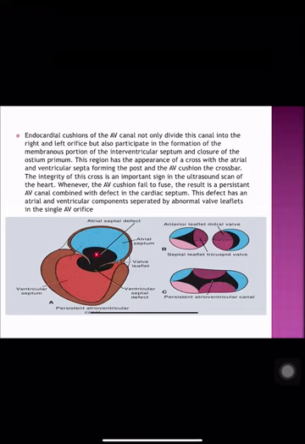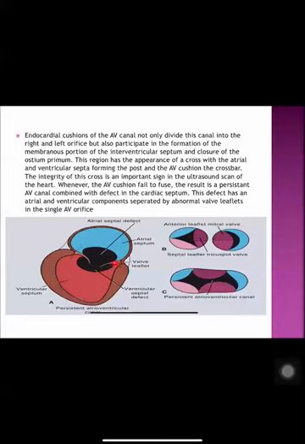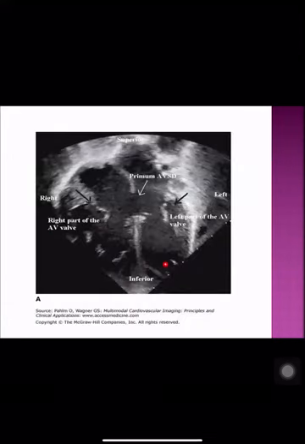And the integrity of this cross is an important sign in the ultrasound examination of the fetal heart. Now, if these cushions fail to fuse, it will lead to the formation of a persistent single AV canal that will be separated by just an abnormal valve leaflet. If we look here, we have a common single AV canal separated by one valve, one leaflet.